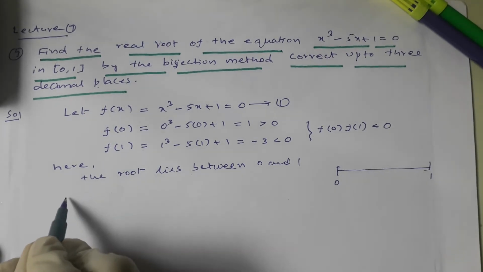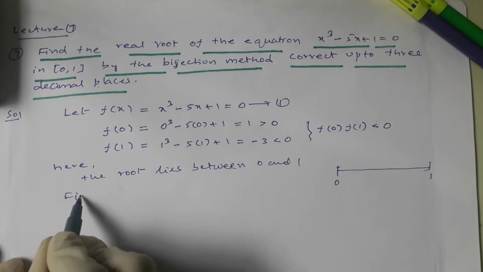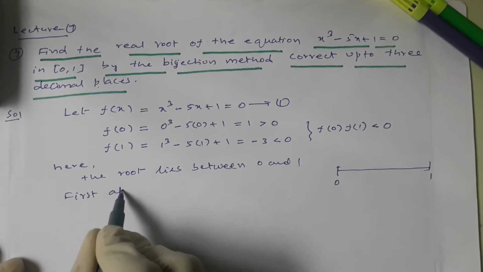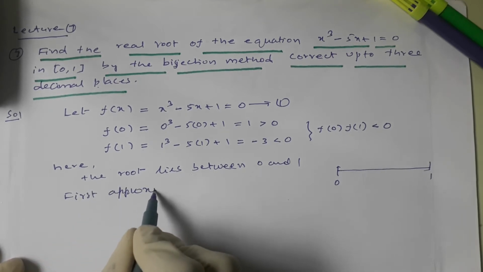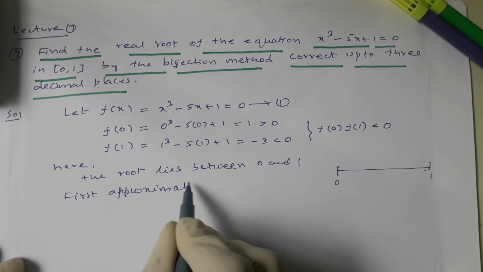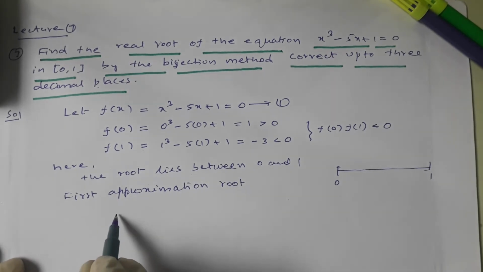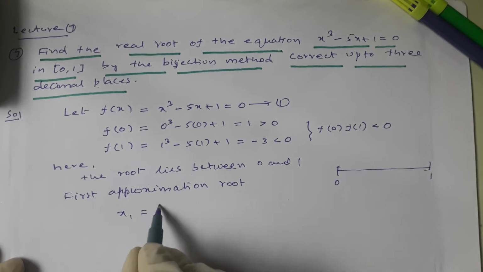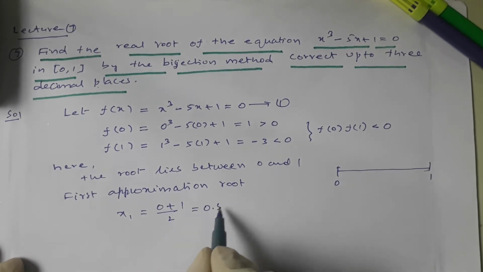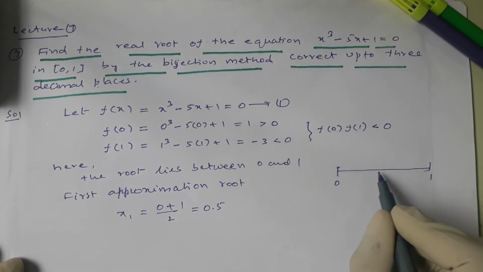So the first approximation root x1 is equal to 0 plus 1 by 2 is equal to 0.5. So it is the midpoint.